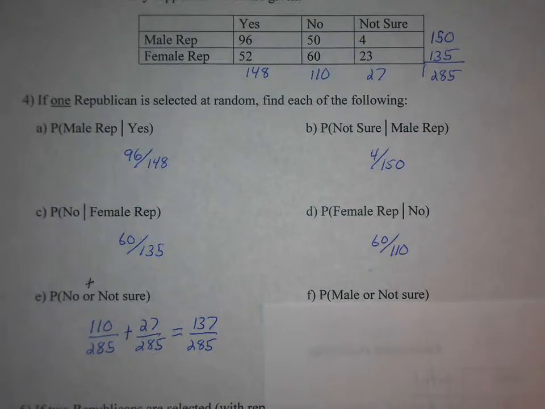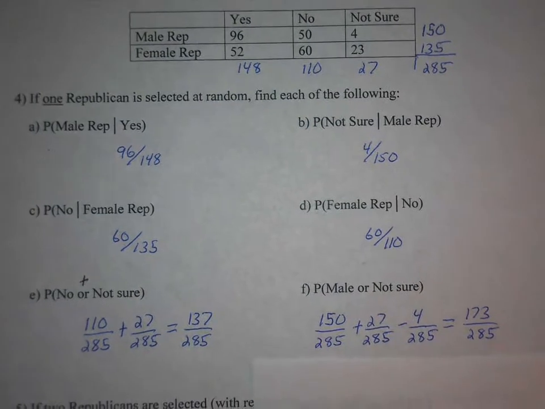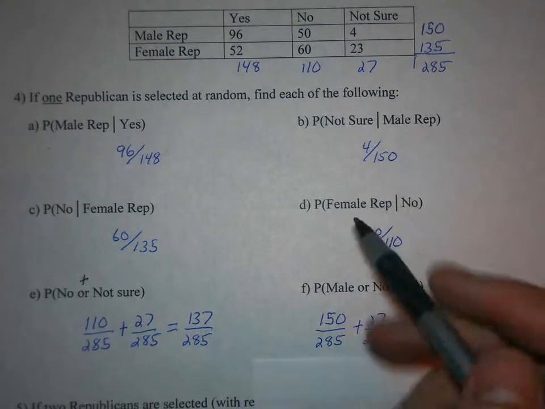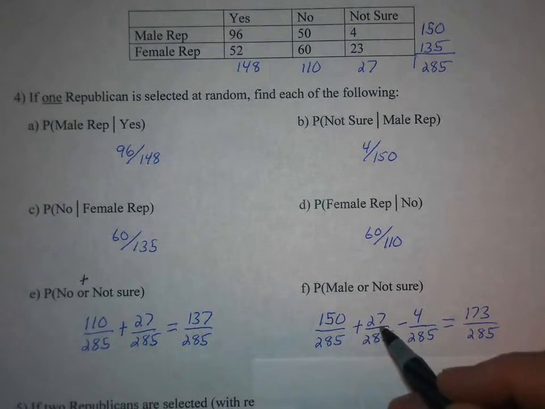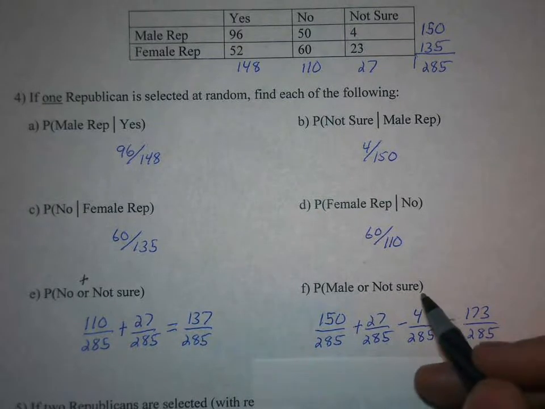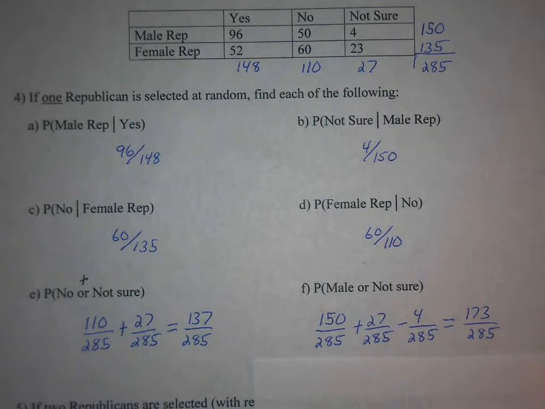This goes back to the addition rule. It's not always clear when you use that, but here's an example. You add the probability of male plus the probability of not sure minus the probability that they are male and not sure, because you double counted them. And you end up with 173 out of 285.